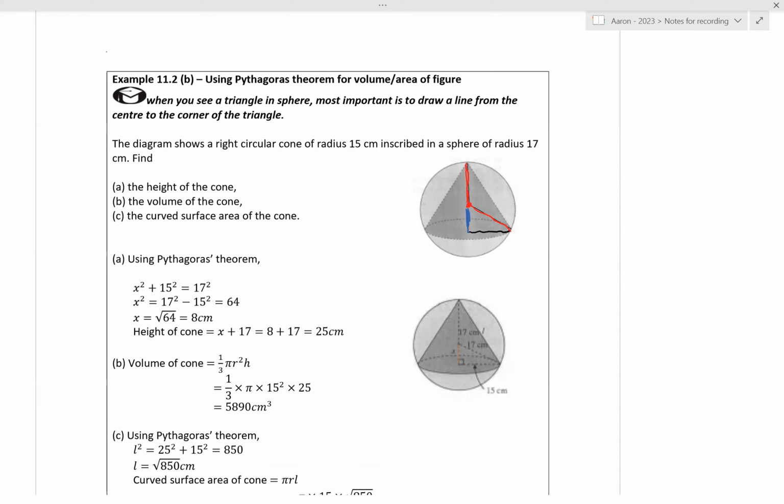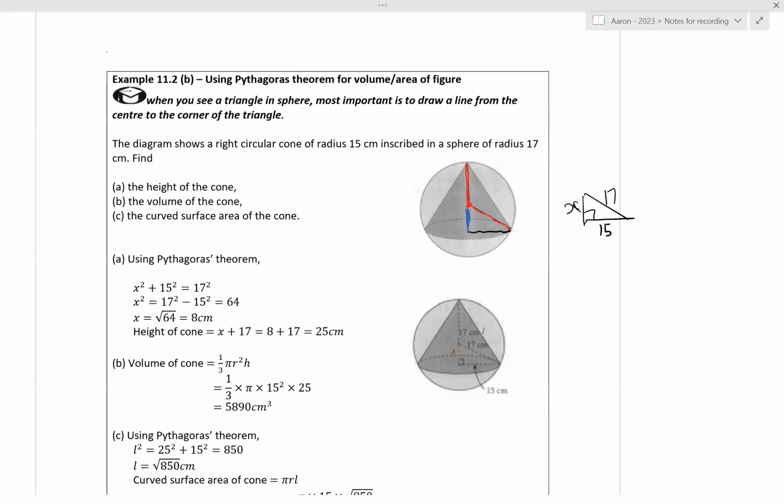Essentially, if you all realize, this is also a right angle triangle, where this is your radius of your sphere, which is 17. This is what you want to find out, so let's say we label it x in this question. The base of this triangle is the radius of your cone, so 15. That's how you get x squared plus 15 squared equals 17 squared using your Pythagoras theorem.